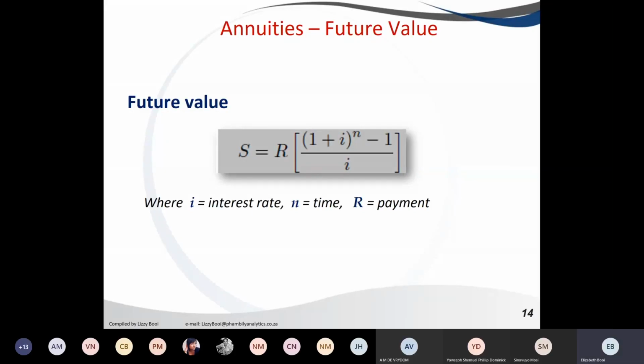Remember, your interest you divide by the compounding period, and your n, which is your period, you multiply by the compounding period. You always need to remember that, because the formula doesn't tell you that. It's something that you always need to remember.